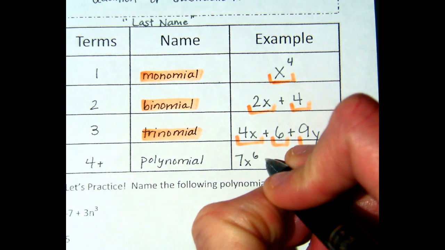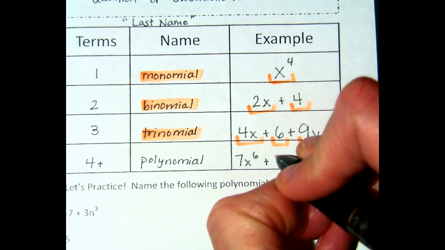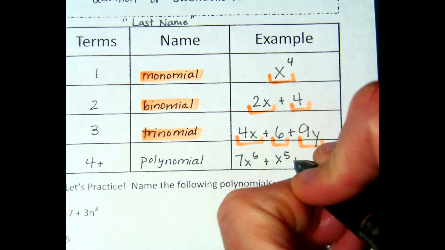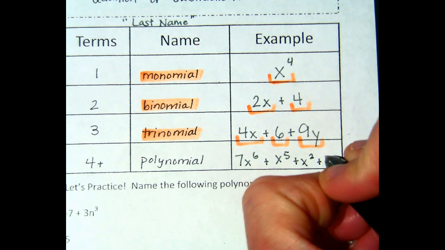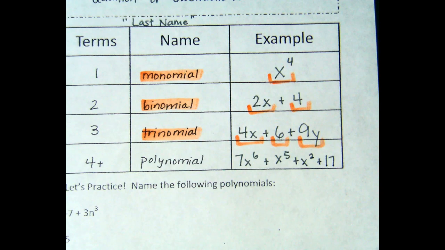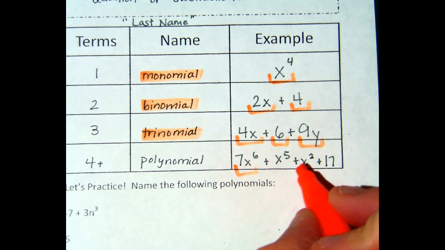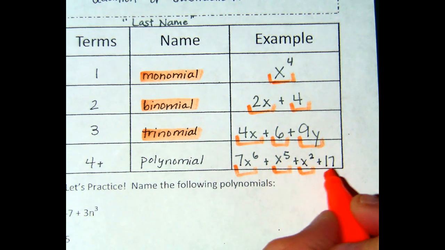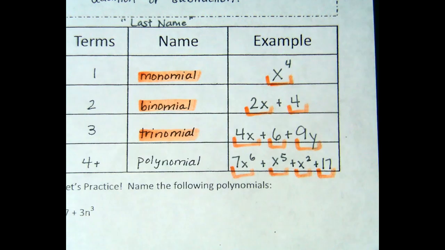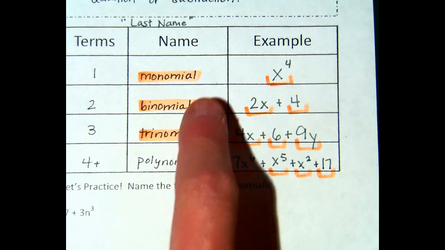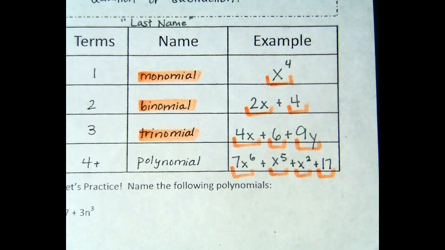Anything 4 and above, they quit naming special. They just say, hey, this is a polynomial. It has 4 terms. So we get our first name, either constant to quintic, and our last name, monomial to polynomial.